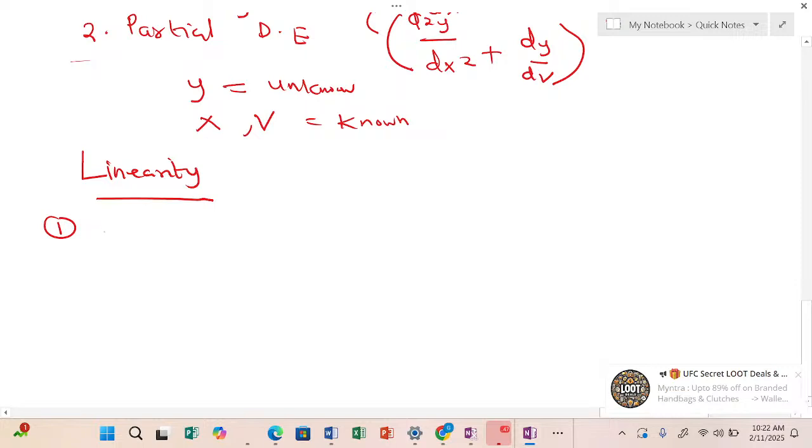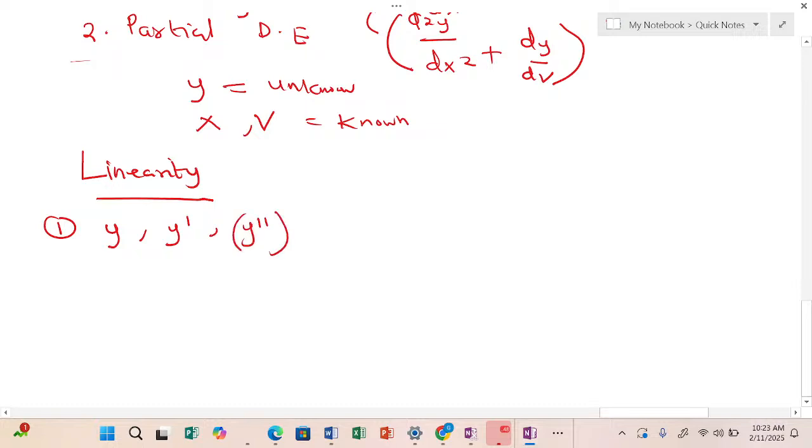So the unknown variable together with its derivatives, y prime, y prime prime, should all have a power of 1. For a differential equation to be linear, the unknown variable y should have a power of 1, and its derivative y prime should also have a power of 1.